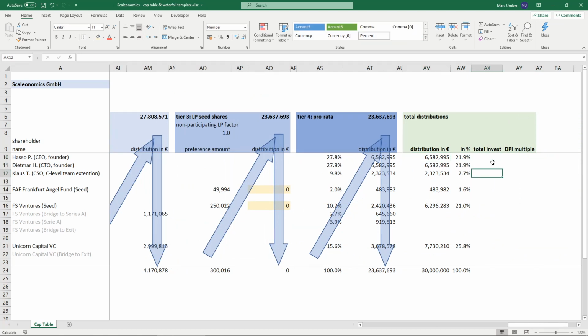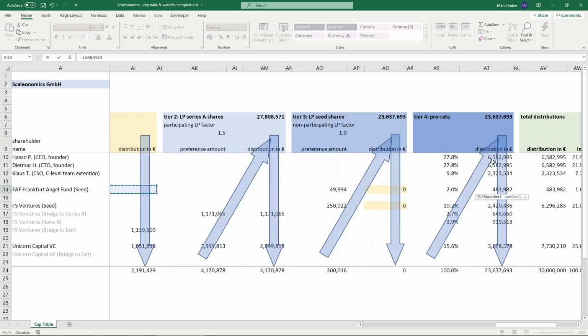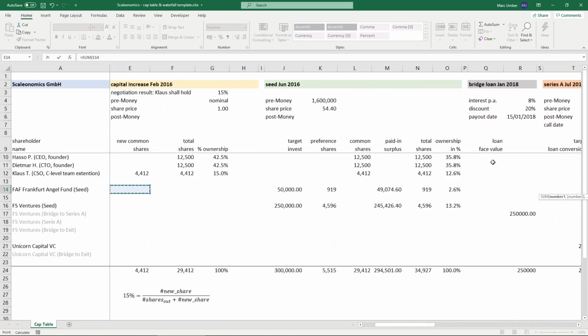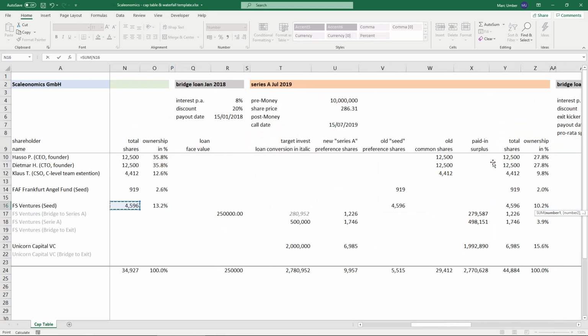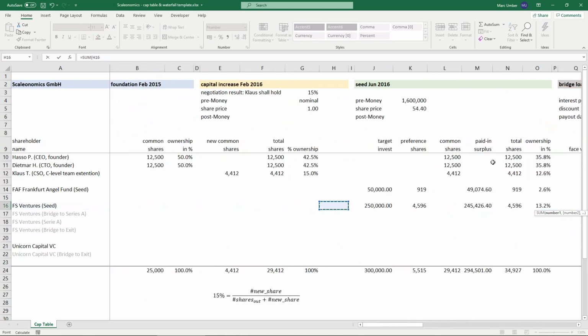Now, for investors, it is very interesting to see the ratio between how much they receive back in distributions and how much they initially invested. And now we can simply use the way we set up our table. Fritz Müller only was participating in the seed round. Frankfurt School invested. Let's start with the beginning.